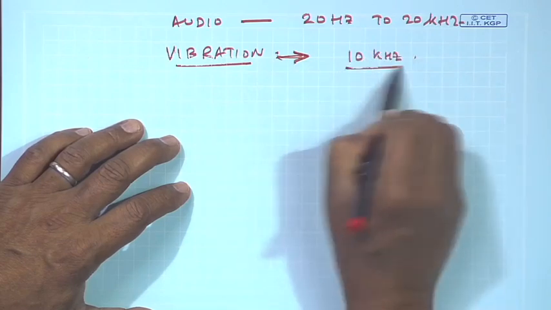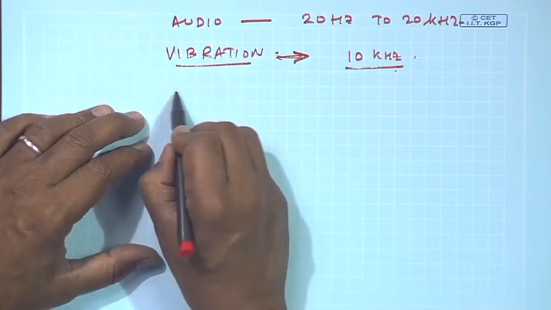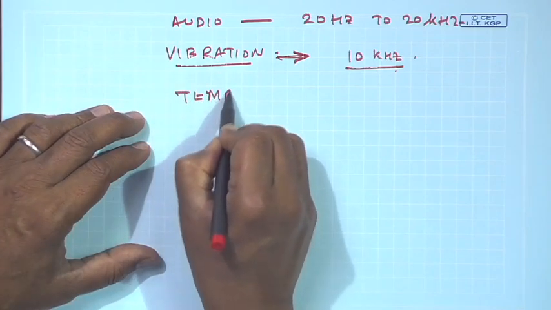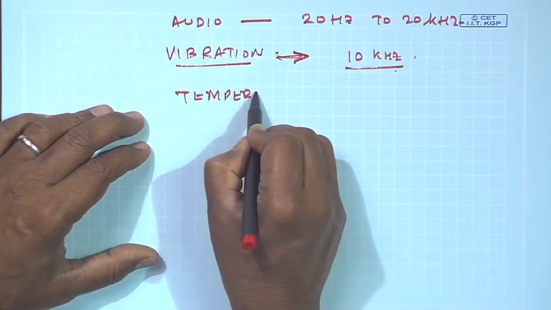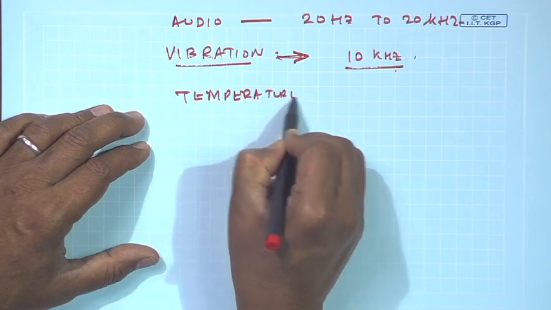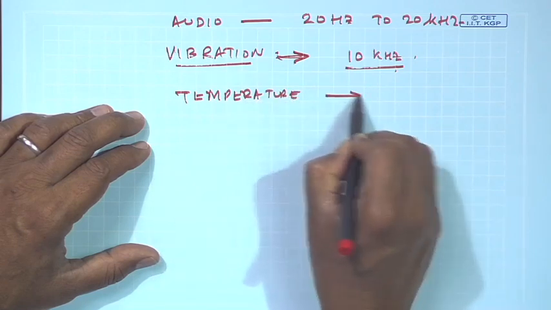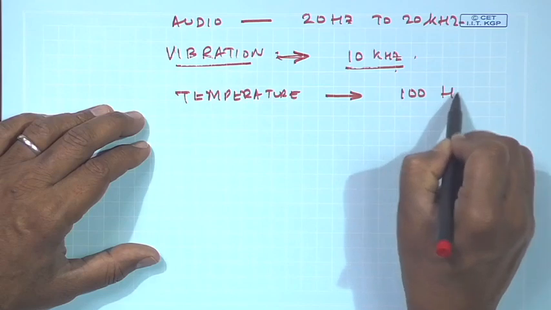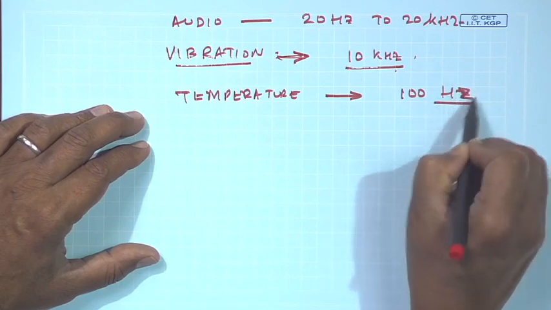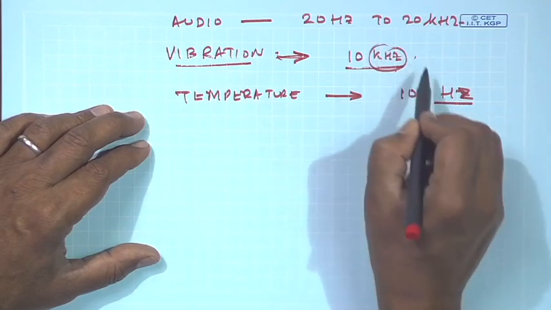There is enough information to do any CBM. Temperature is even less than around 100 hertz. Okay, 10 kilohertz, very high.